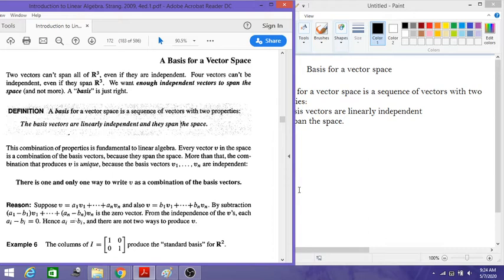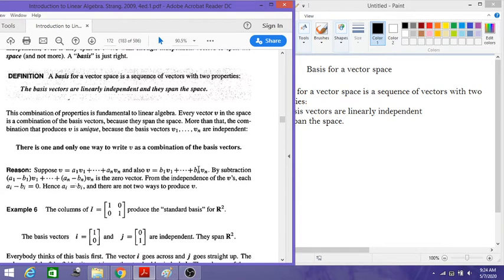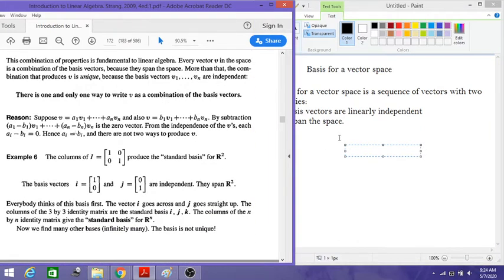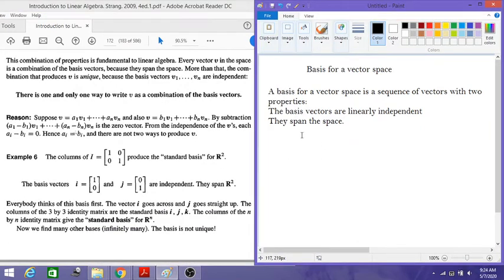So let's take a few general examples here. There is one and only one way to write v as a combination of basis vectors. So if we take the vector v, then we will see whether this is a basis or not.